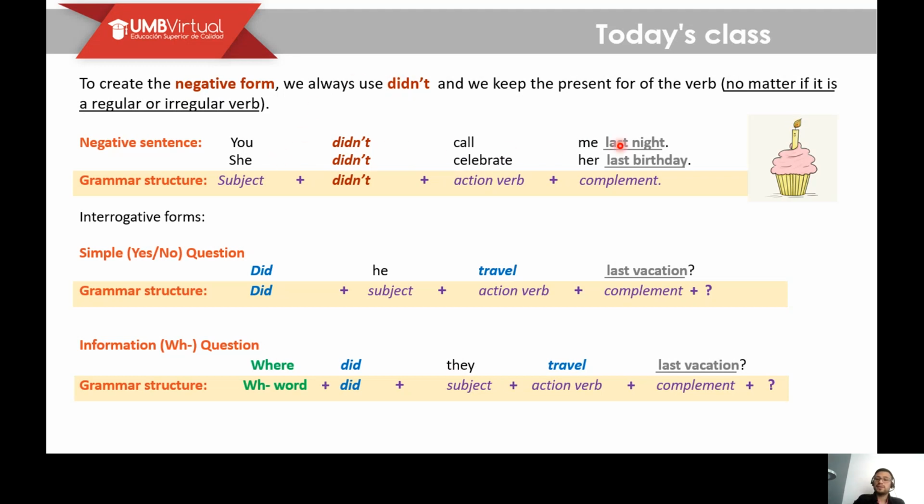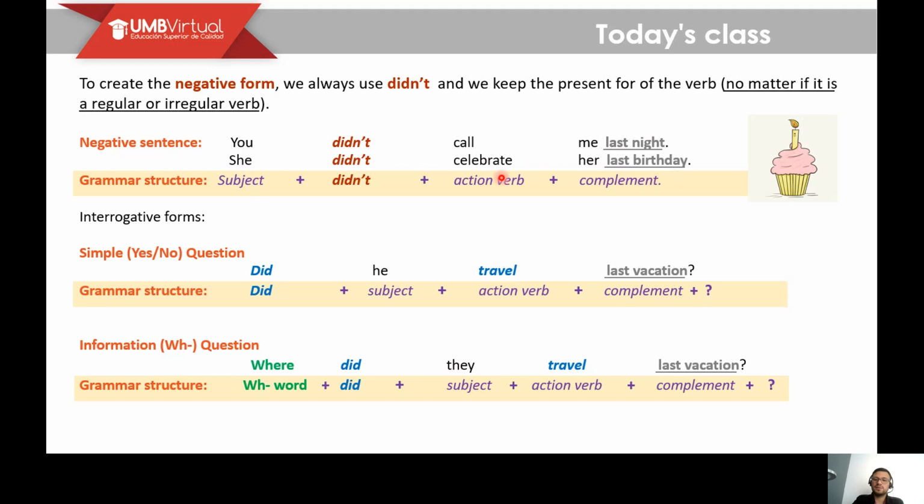You didn't celebrate me, you didn't call me last night. Yes, that is the simple form to say no me celebraste. Yes, but apart from saying no, this didn't gives you the order to have the conjugation of the verb. Yes, no me llamaste anoche.